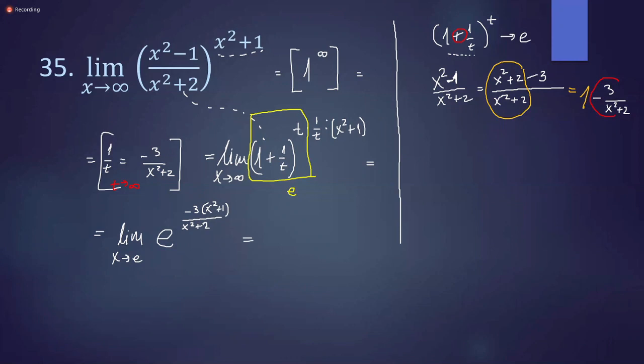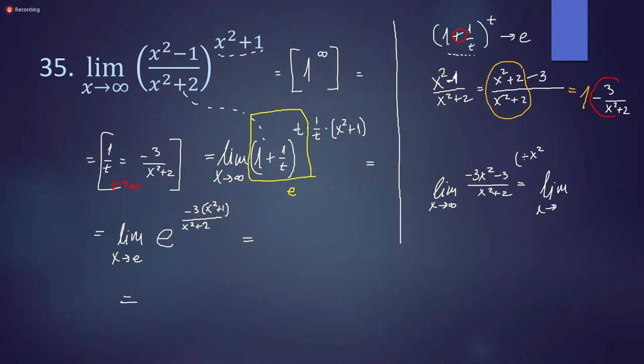And now, if necessary, I can do the limit separately. I can again do the limit when x tends to infinity of minus 3x squared minus 3 divided by x squared plus 2. If you don't already recognize what the value of this is, remember dividing out the highest power of infinity. Dividing out the highest power.